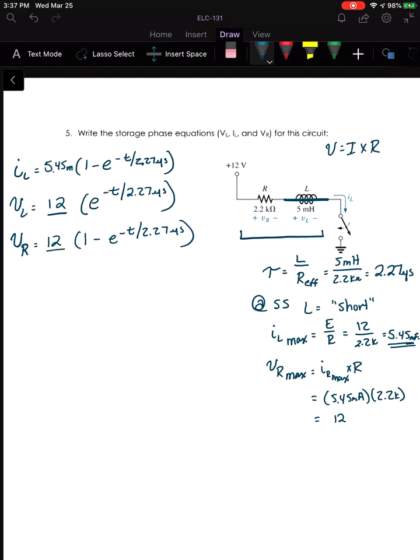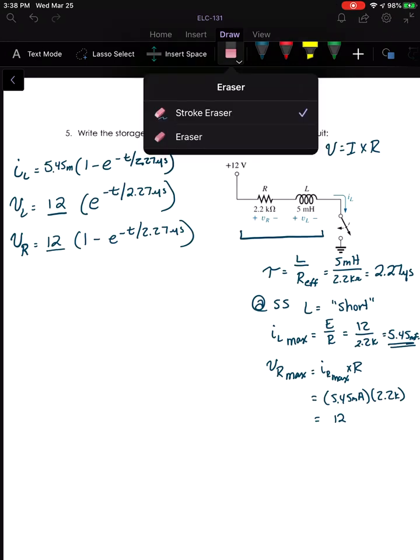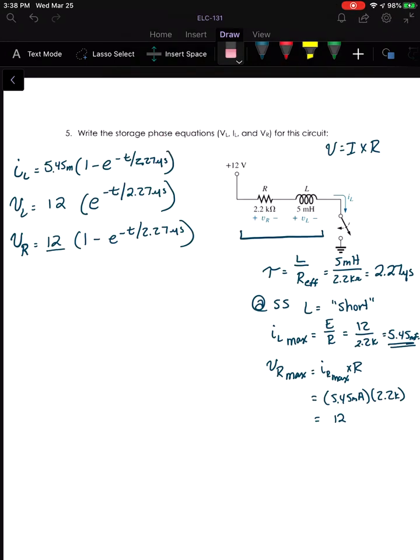When the voltage across the resistor is at 12 at the end of this storage phase in steady state, the voltage drop across the inductor will then be 0. And at any point in between, these will add up to 12 volts. And we'll calculate a few of these and see.